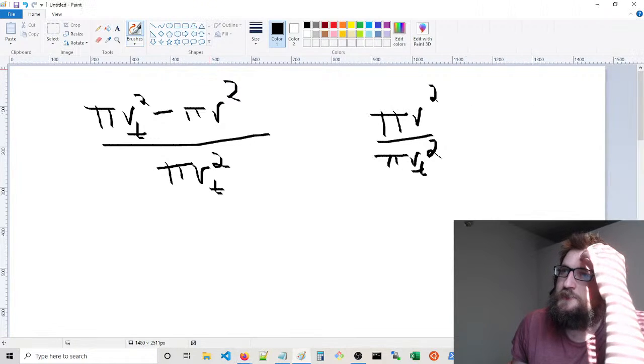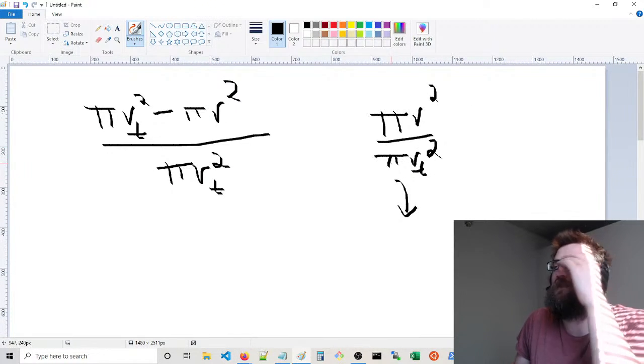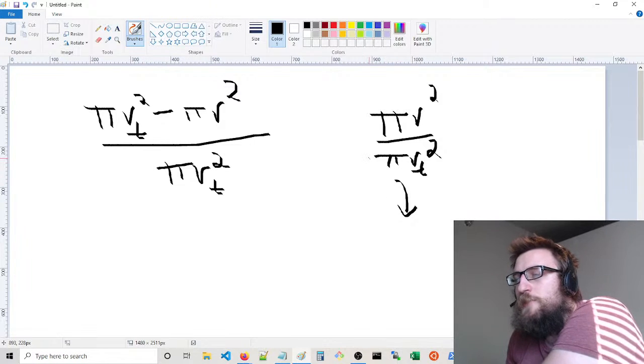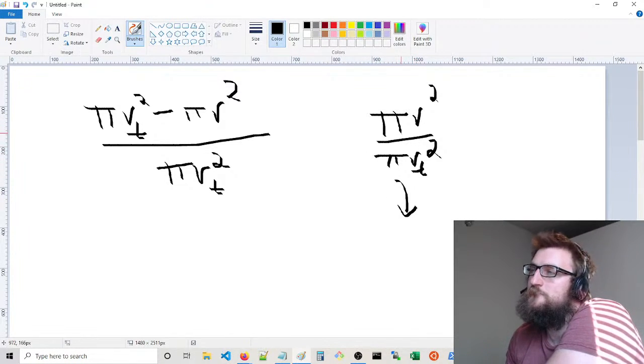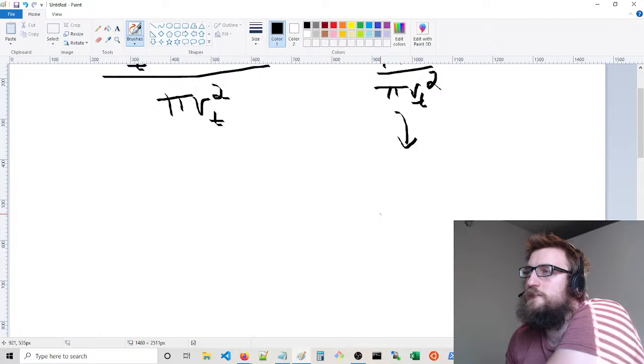So the probability of picking a point that's less than some radius r is r over r total, squared.